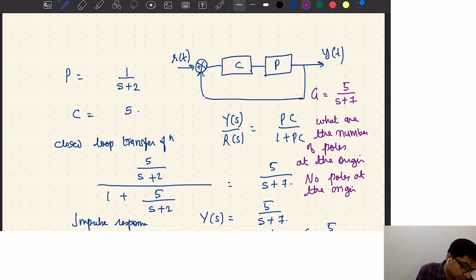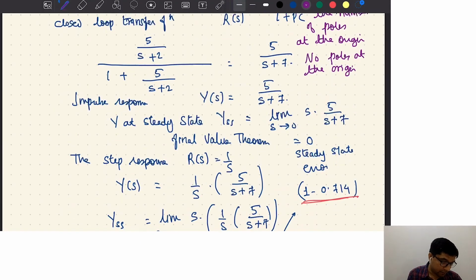Okay, so G here will be P times C. So this will be 5 over S plus 2. Sorry, not S plus 7. This was a closed loop. Okay, now I come back here.